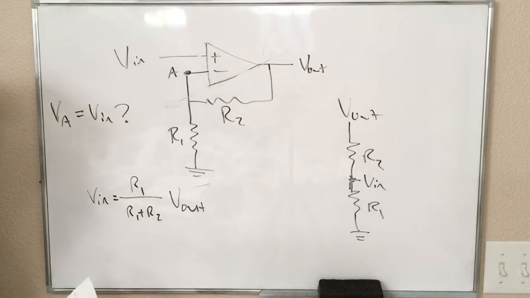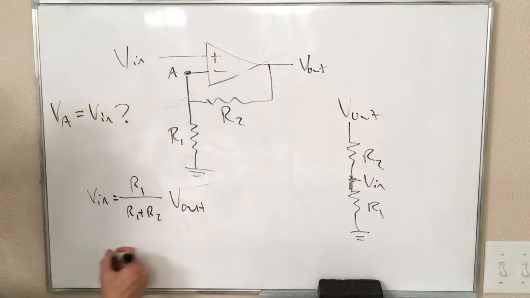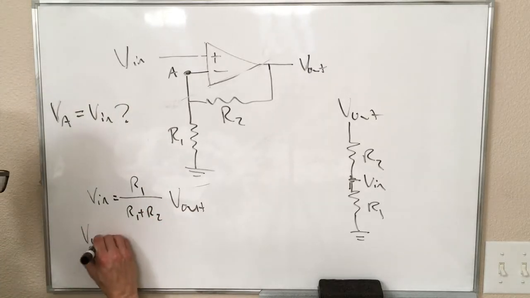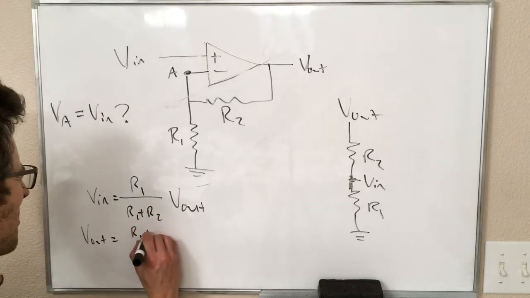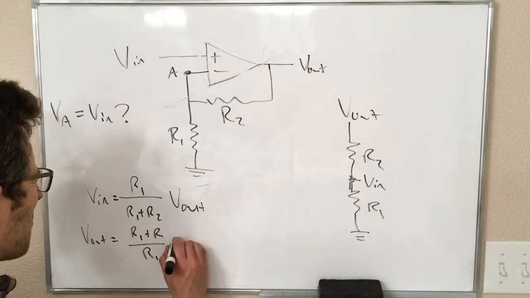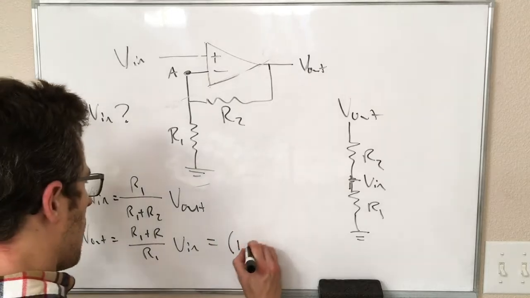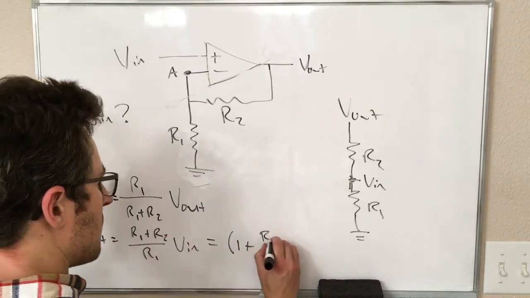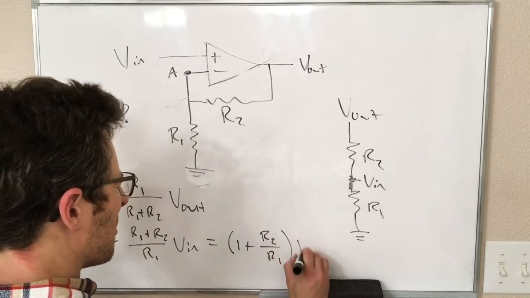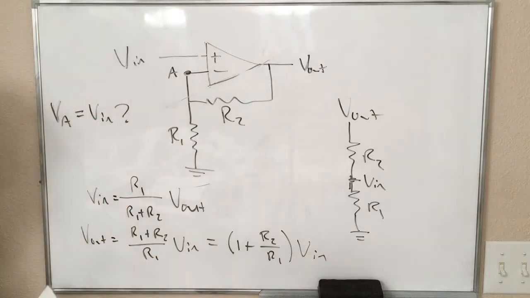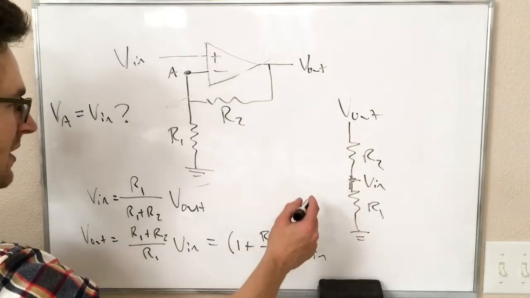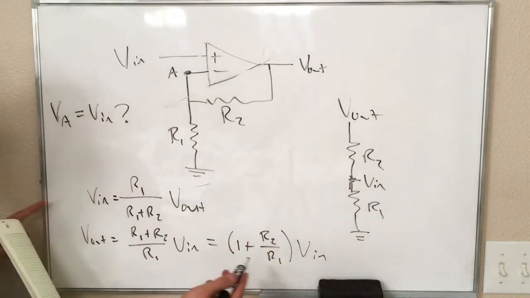Which of course means that if we solve then for Vout in terms of this, we get Vout equals (R1 plus R2) over R1 times Vin, which we can also write as (1 plus R2 over R1) times Vin.